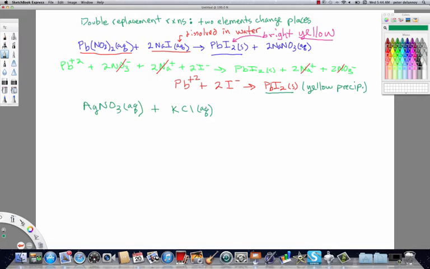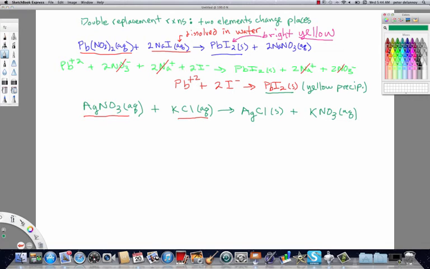All right. Again, don't forget the hallmark of these reactions, meaning that we have two ionic solutions that are being mixed together, and one of the products is going to be a solid, and the other product will be an ionic solution.